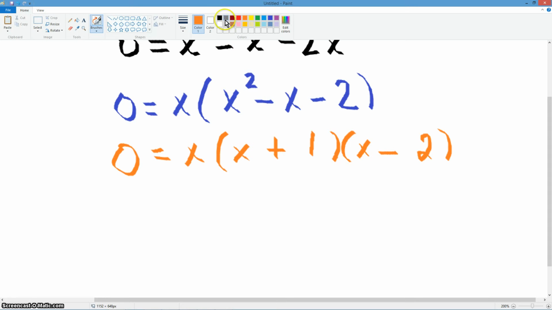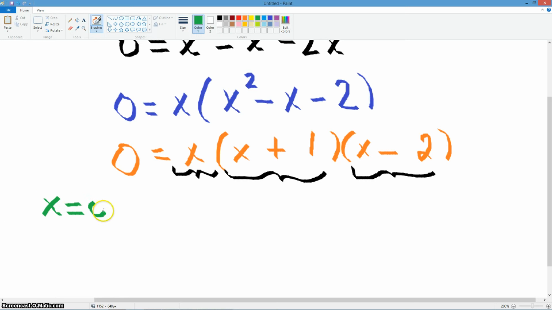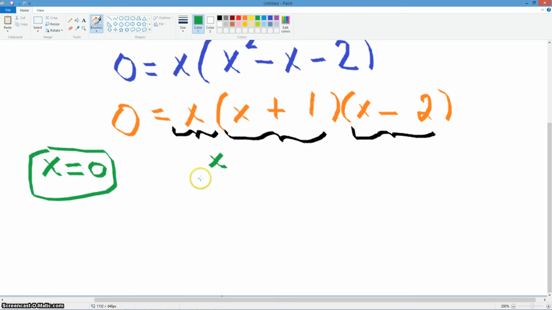Now your next step is to set each part equal to 0 and solve for x. This first one is already good to go. It's already set up for you: x equals 0. There we go. This part, I have x plus 1 is equal to 0.